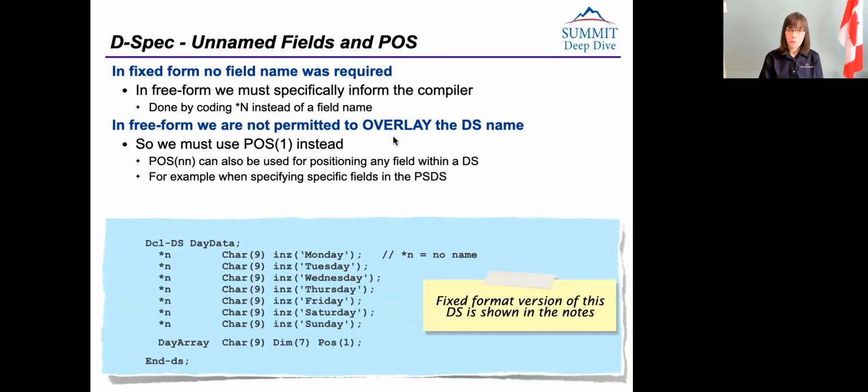What you cannot do is overlay the data structure name itself, which is a shortcut that some of us used to use, true confessions, myself included. Rather than overlay the first subfield, I would just overlay the data structure. It made logical sense to me, but we can't do that anymore. So instead, we need to say position 1. If you want to overlay the data structure, say starting in position 1.